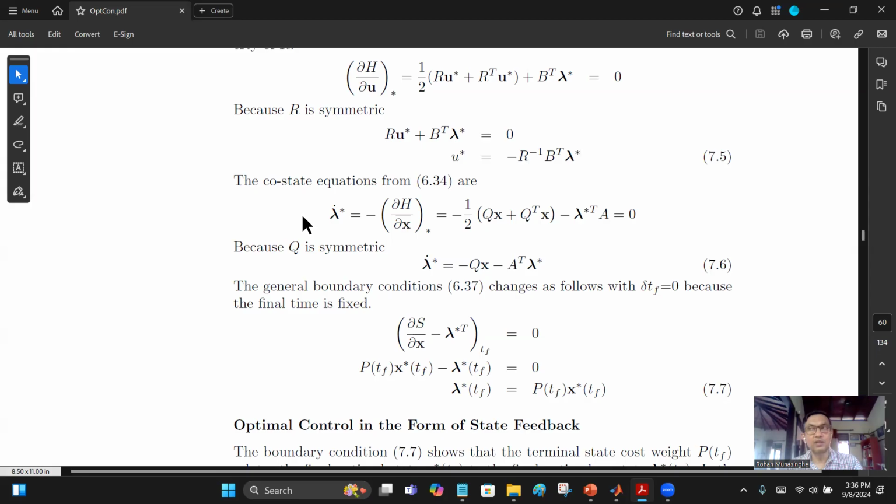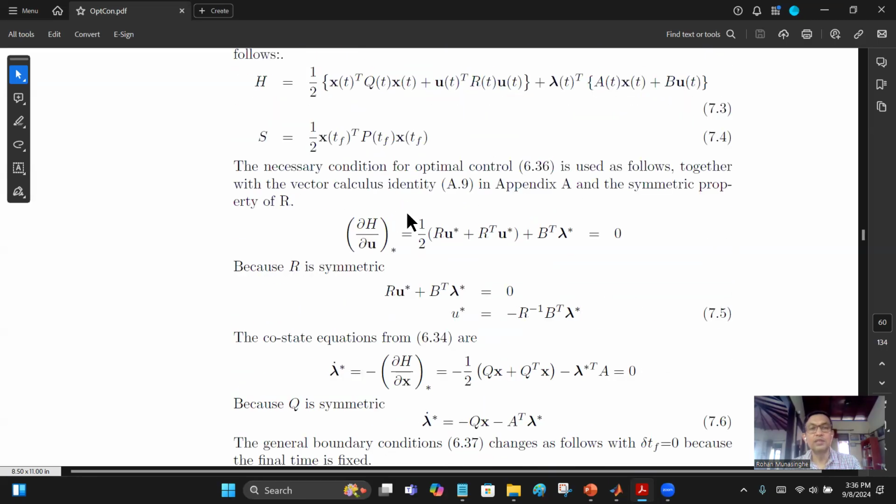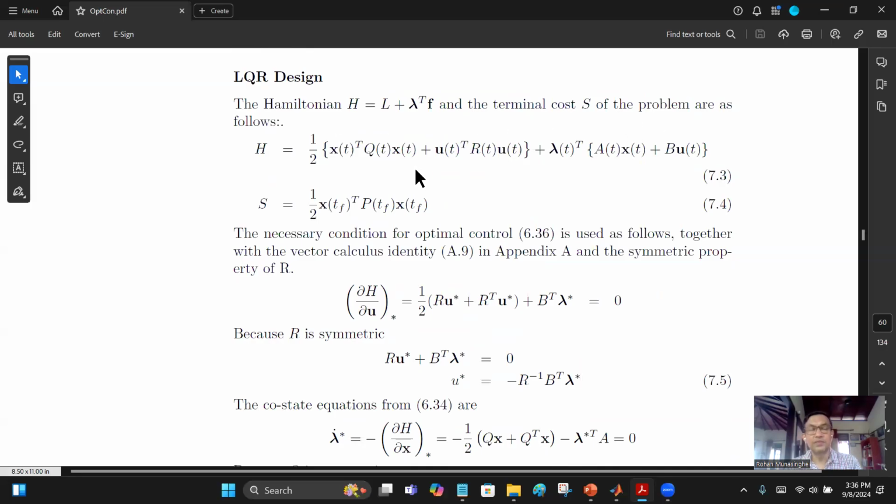6.34 says: the rate of change of the Lagrange multiplier in the optimal setting is equal to negative partial H over partial x. So you go to H now. H is this one. Differentiate with respect to the state x. You get something from this term, and something from this term.